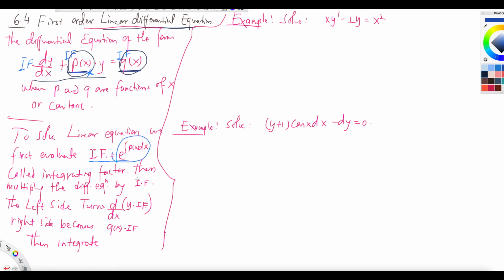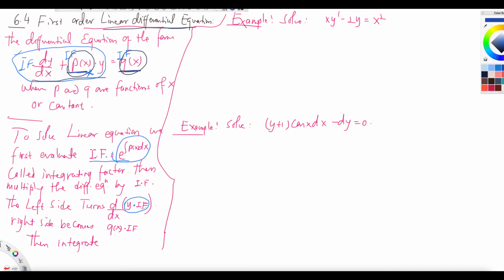And then the good thing about this integrating factor technique is, after you multiply all the terms by the integrating factor, the whole left hand side will turn into d over dx, the derivative of y times the integrating factor.